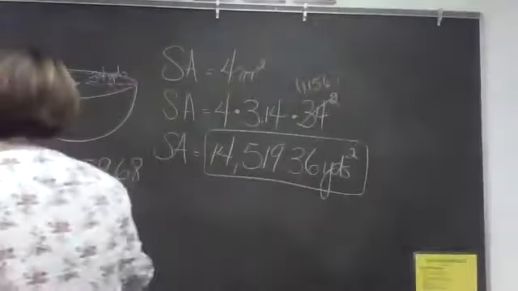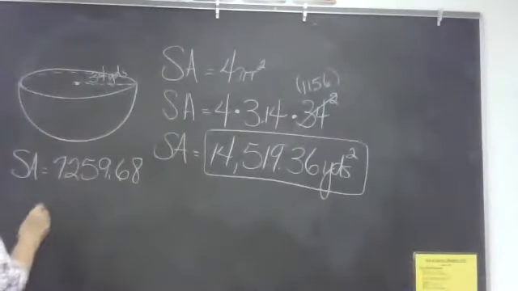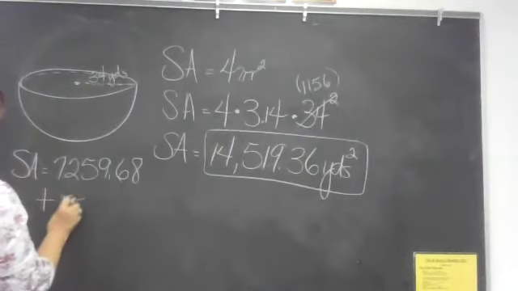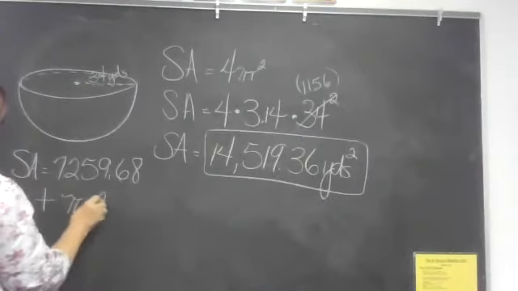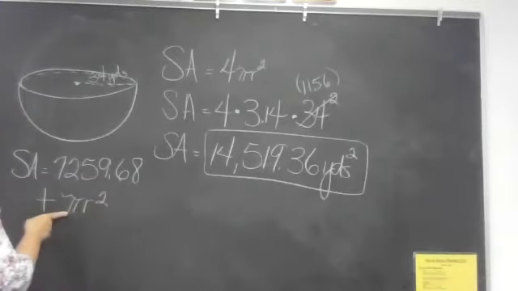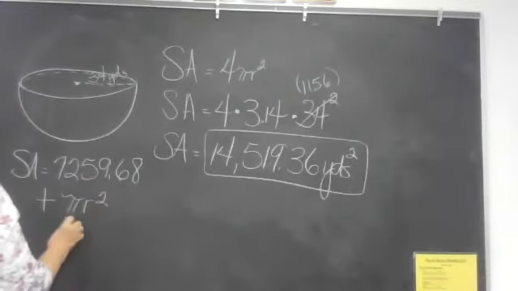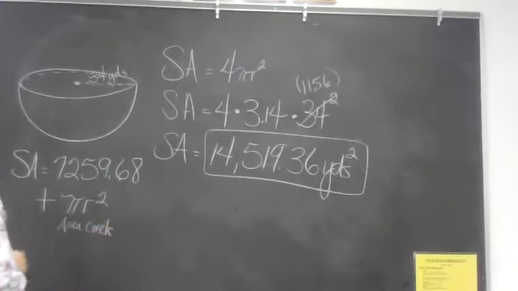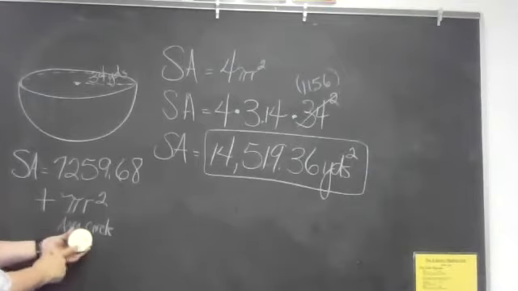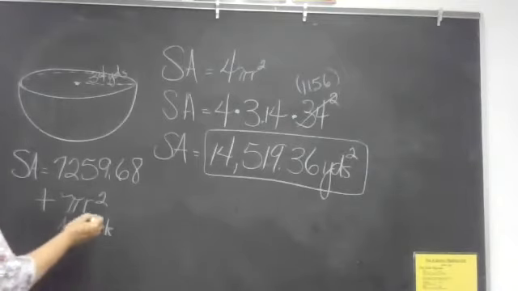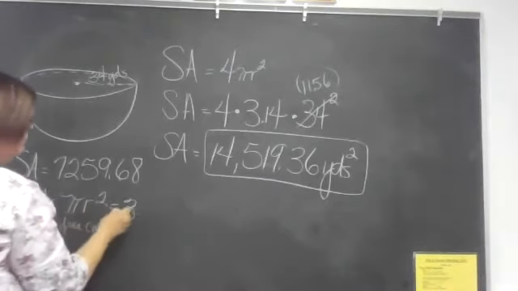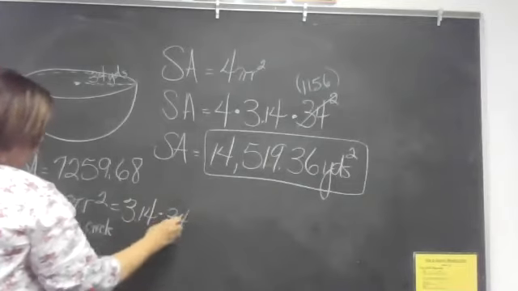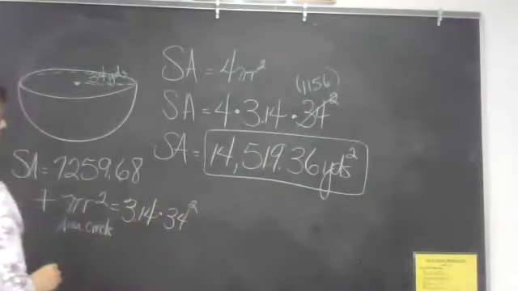So I'm not only going to take this, but I'm going to add pi r squared, which is the area of a circle. This is the area of a circle, which is my exposed part. I have to add that in to the answer. So I've got 3.14 times 34 squared.